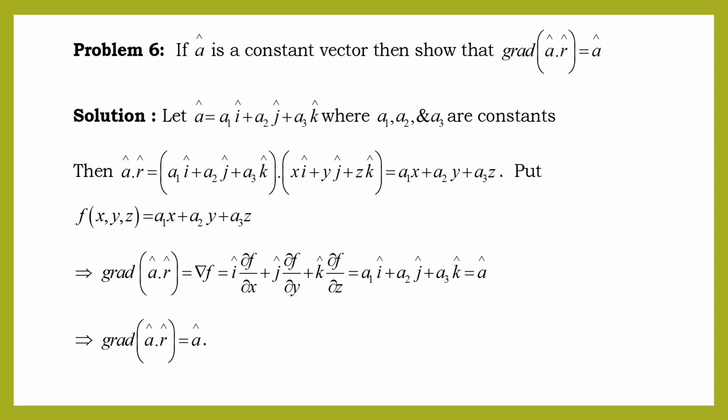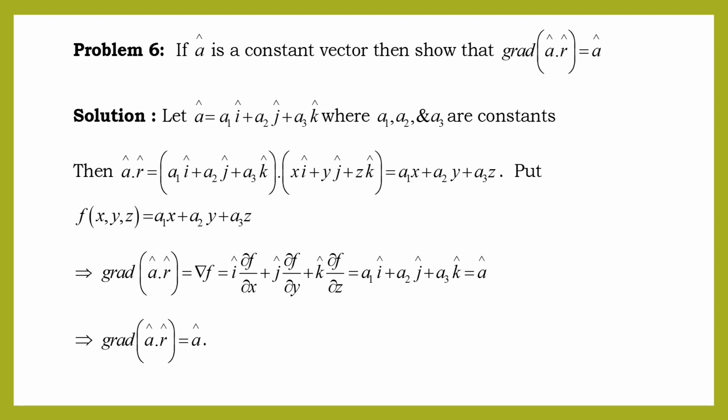Let us find its gradient. Del of a cap dot r cap equals i cap dou by dou x of a cap dot r cap plus j cap dou by dou y of a cap dot r cap plus k cap dou by dou z of a cap dot r cap.